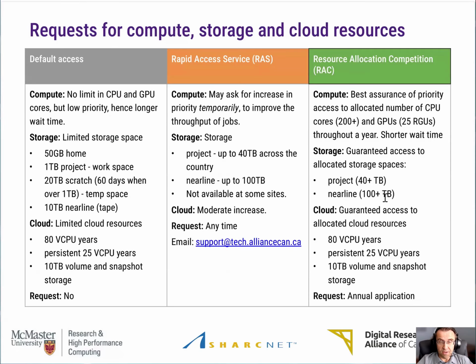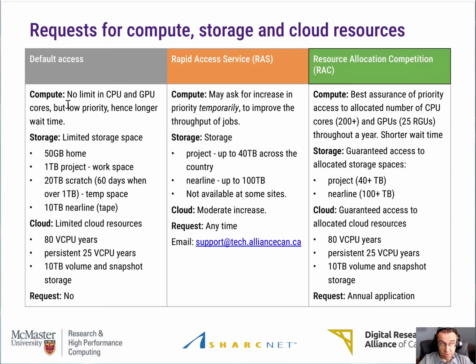Once you have an account, there are 3 levels of access. We have lots of resources, but we also have lots of Canadian researchers using these resources. So access is shared, it's competitive. To handle it, we provide 3 different levels of access to our resources. The default level is already powerful enough for most of our researchers, so most never bother to go to the next levels.